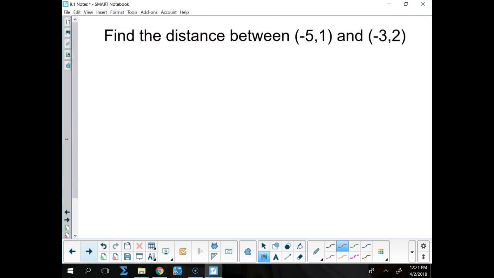Alright, so find the distance between those 2 points. Well, my distance is equal to, I first have to subtract the x's. Does it matter which order I go in?